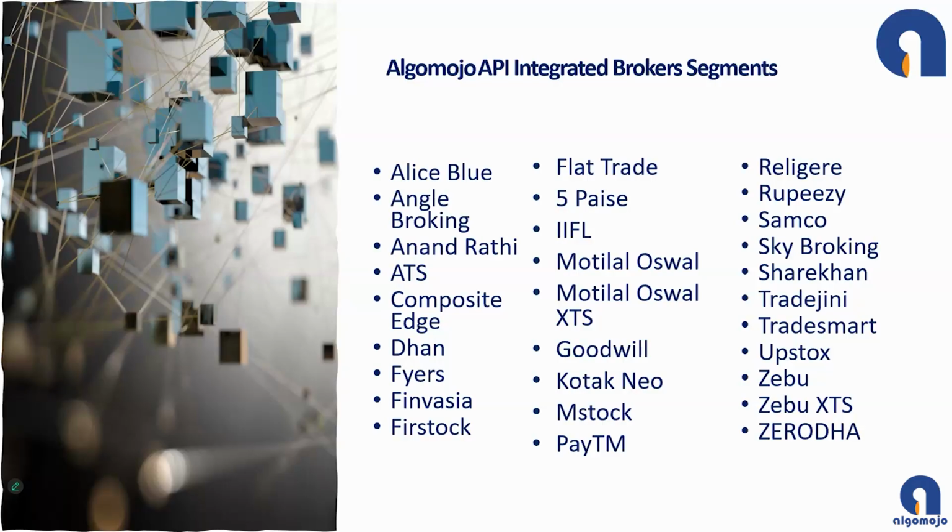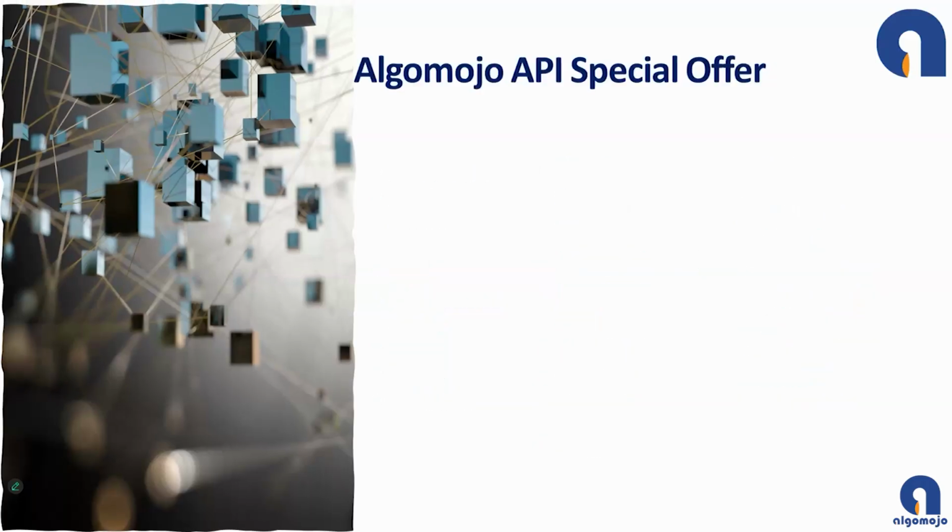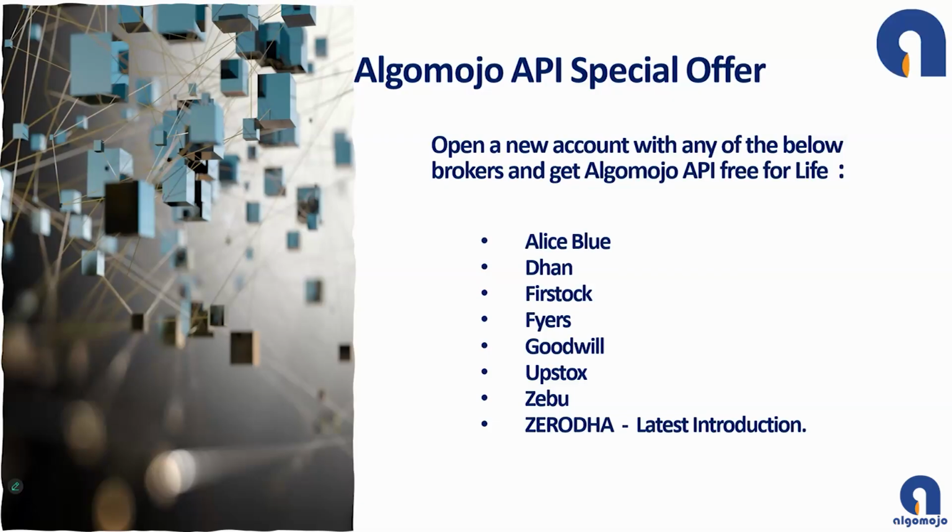Now there is a special offer. In case you open a new account with any of these seven, eight brokers, you get the Algomojo APIs also free of cost. Suppose you don't have an account with any of these, kindly use Algomojo platform as a referral.